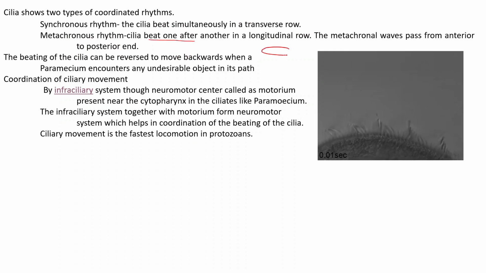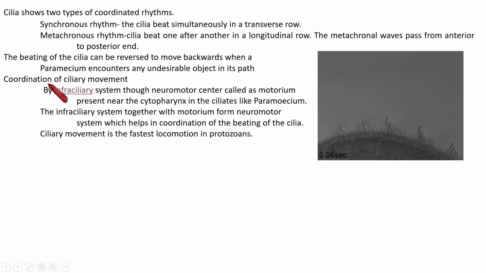Suppose this is the protozoan, all the cilia beat one after another in a longitudinal row, and that wave passes from anterior to posterior, and that we can see here, metachronous type of beating. And while beating, whenever the cilia come across some obstacle, they can reverse their direction of beating and avoid that obstacle. That is another feature.